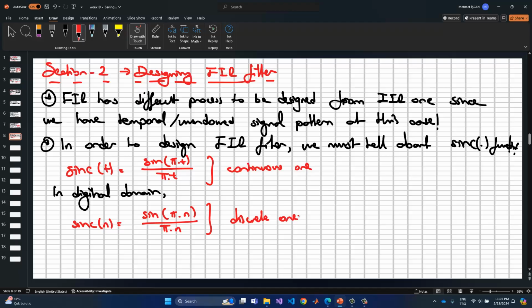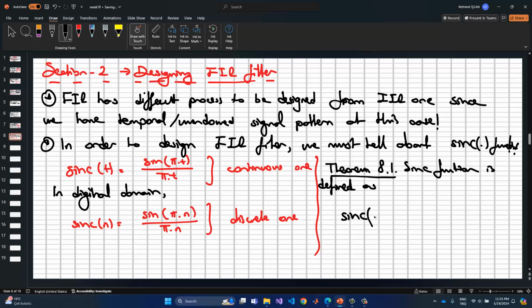And this signal is summarized in Theorem 8.1. The sinc function is defined as follows: sinc(t) equals sin(pi t) divided by pi t when t is not equal to 0, and otherwise, when t equals 0, we have 1.